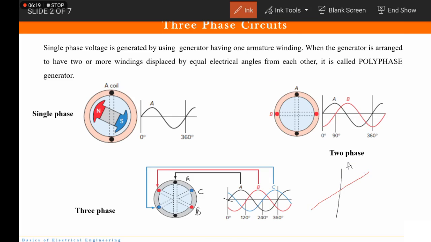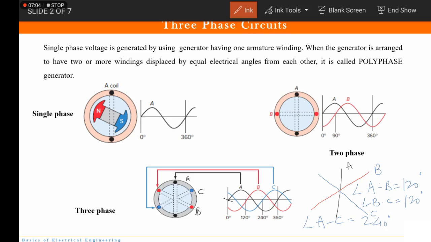Now this is B, okay, and this is C. Now the electrical displacement or the angle between A and B is 120 degrees. So they are arranged such that they have angle 120 degree, and the angle between B and C is again 120 degree. So what will be the angle between A and C? It will be 240 degrees.